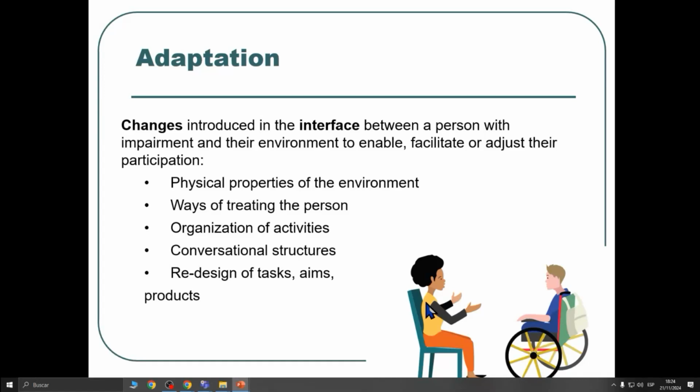Adaptation consists of changes which should be or may be introduced in the interface between a person with impairments and their environment to enable, facilitate, or adjust participation. And this may be physical properties of the environment, ways of treating people, ways of organizing activities, conversational structures when we're talking about communication, social environments for participation, in the interface between the individual and the environments where they participate.